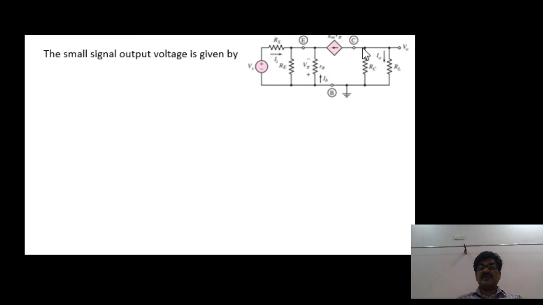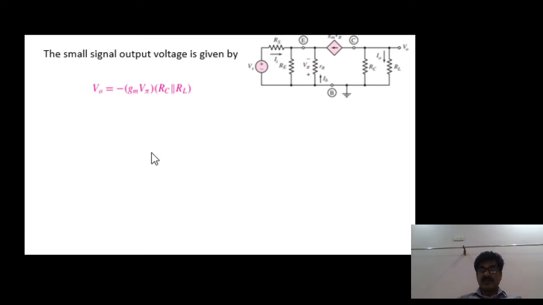The current gm V pi into the parallel connection of RC and RL gives the drop of output voltage. Therefore you can write the equation for the output voltage: V0 equals minus gm V pi into RC parallel RL. This is the current and this is the resistive network RC parallel RL. Since it is negative, the current direction is from bottom to top.